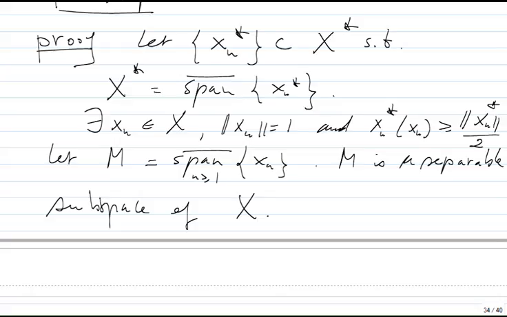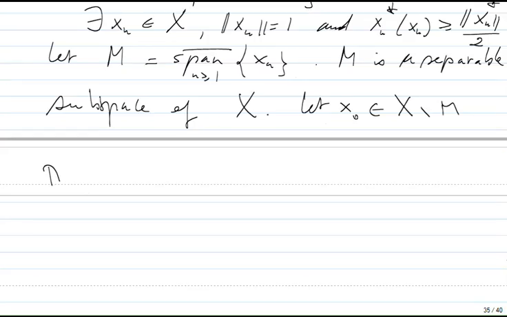Let x0 belong to x minus m. Assume that such x0 exists. Then x0 does not belong to m, which is a closed subspace. So the distance from x0 to m is positive.